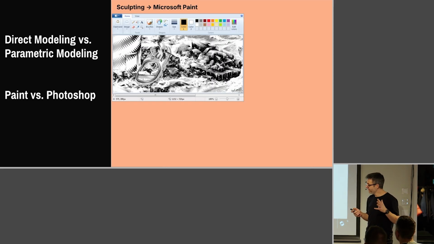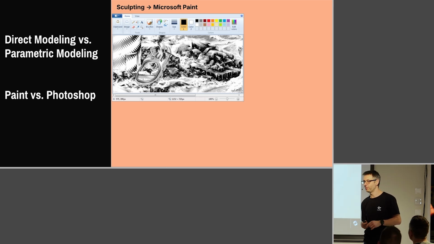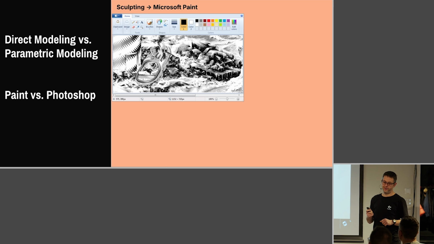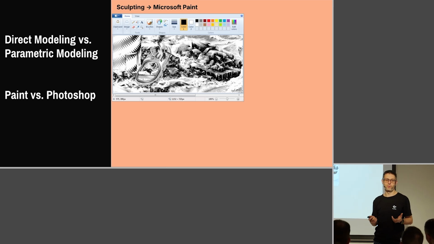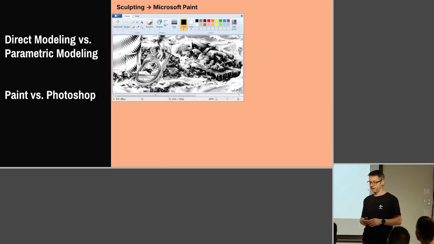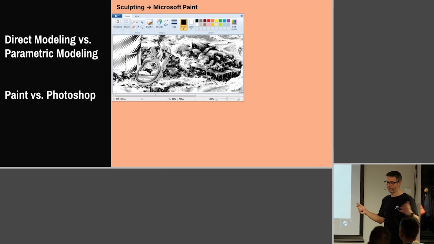But then I was thinking that maybe most of you already used a software in your life which resembles this kind of complexity. So thinking about sculpting, I came up with Paint. So Paint is a software where you can quickly ideate, quickly draw your ideation on the canvas.